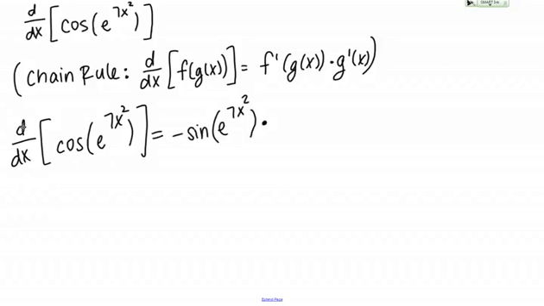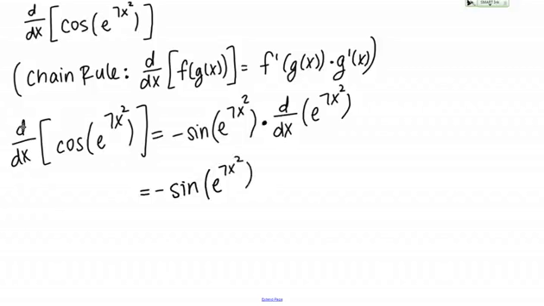If I back up just a step, what I've done so far is I've taken the derivative of the outside, and I have that inner function still in there, and now I'm going to multiply by the derivative of the inside. So for now, I'm just going to write times the derivative of e to the 7x squared. Okay, so let's now just concentrate on that new derivative we want to take.